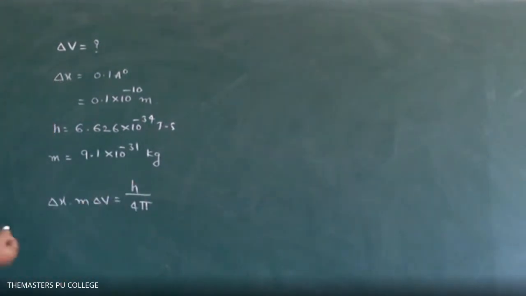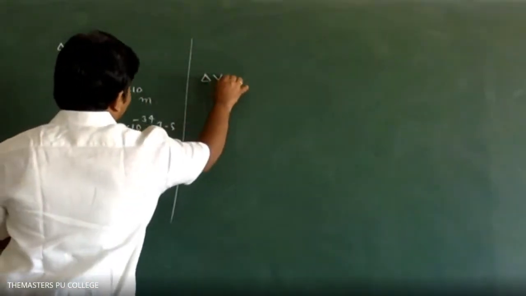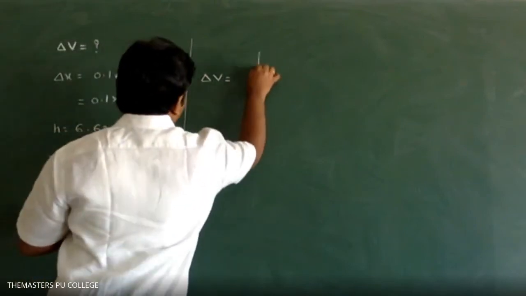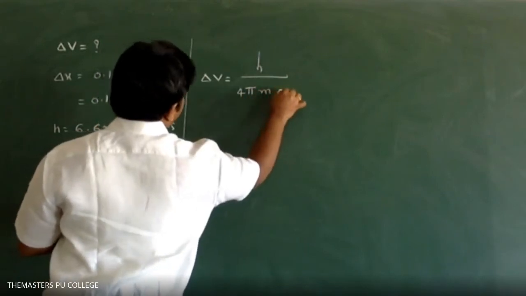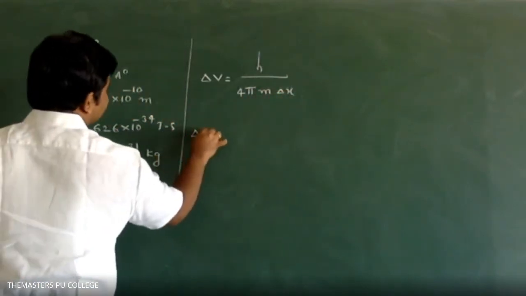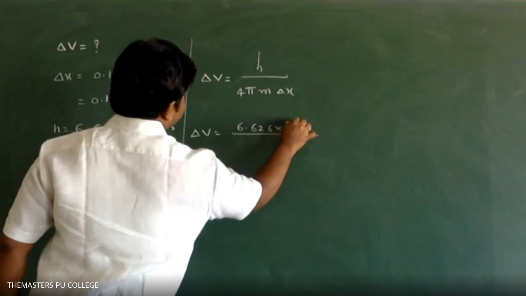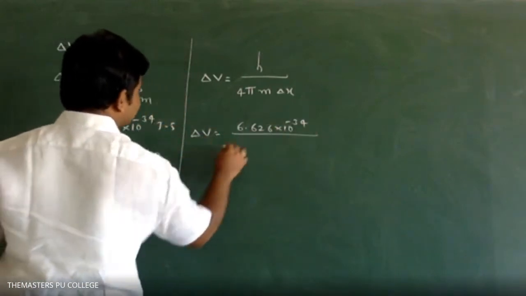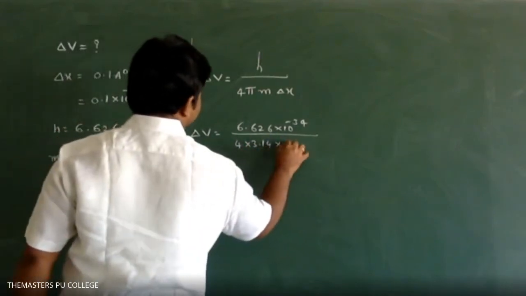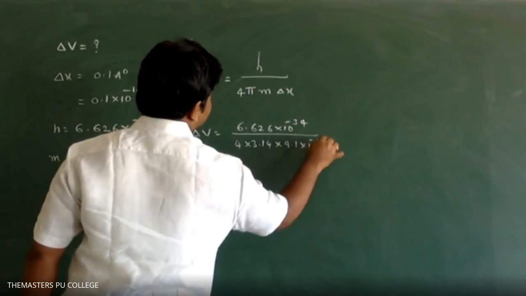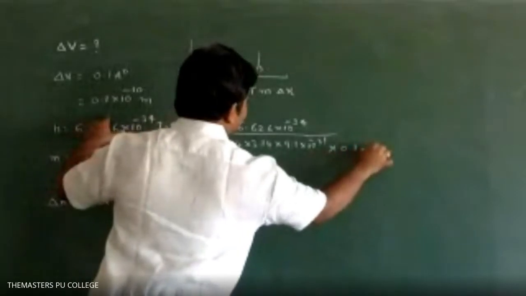Here we have to calculate delta V. Delta V is equal to h by 4 pi m delta X. That is, 6.626 into 10 power minus 34 joule second, divided by 4 into 3.14 into mass 9.1 into 10 power minus 31 into 0.1 into 10 power minus 10.